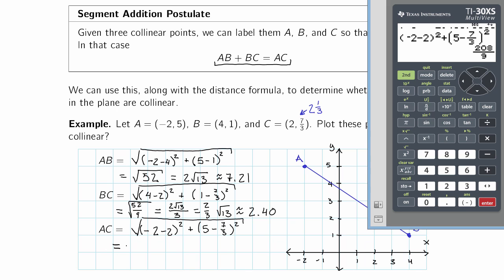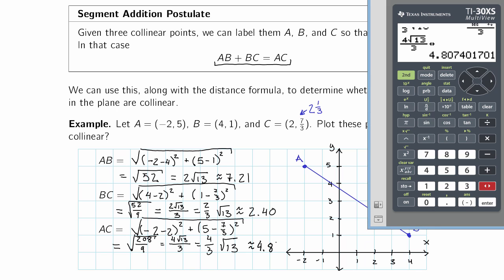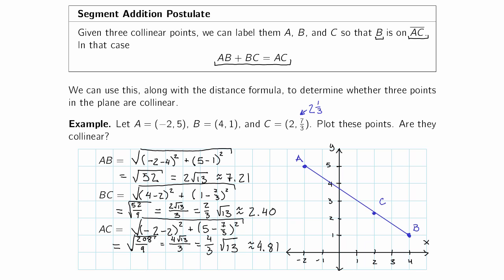That doesn't look like much fun. But denominator, we've just got 3. Root 208, that simplifies to 4 root 13. So that's 4/3 root 13. That's about 4.81. So, those are the distances.